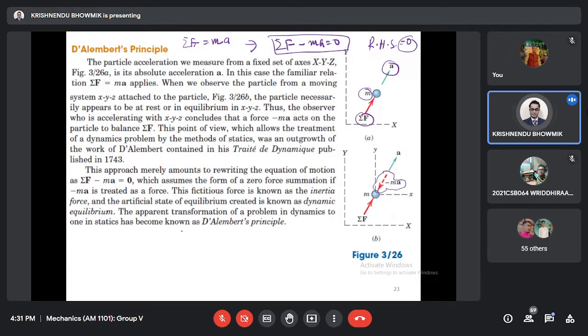So he has given a new concept called dynamic equilibrium. What is that? Say I'm simplifying the problem.